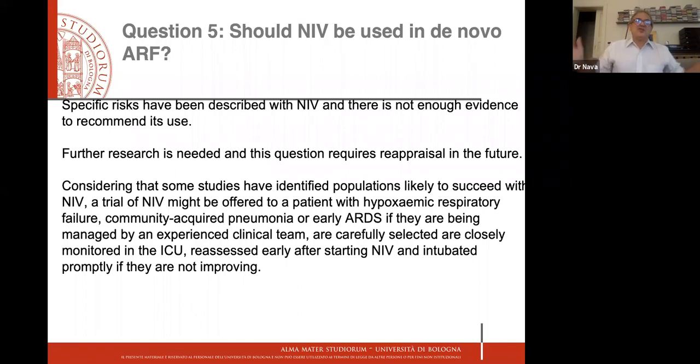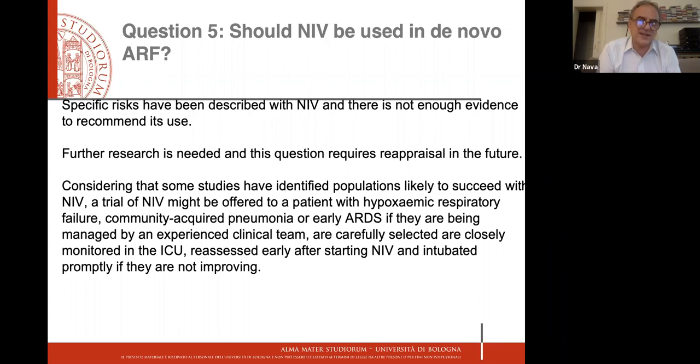So to make a long story short, should NIV be used in de novo acute respiratory failure according to guidelines? Specific risks have been described with NIV, and there is not enough evidence to recommend its use.